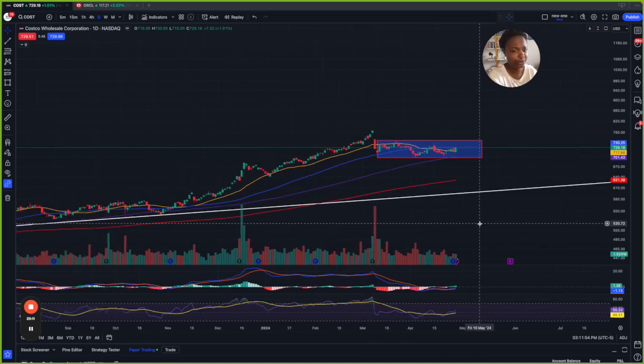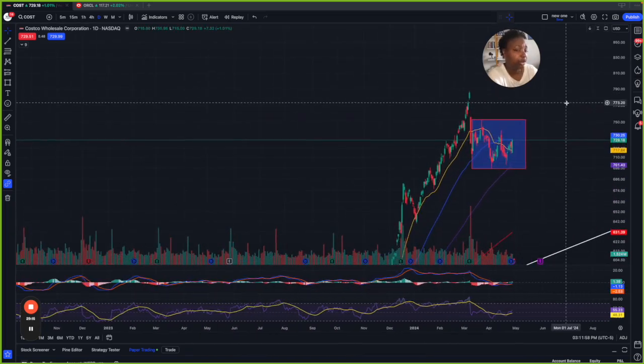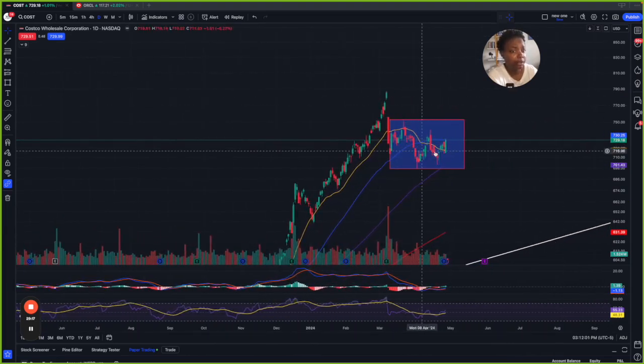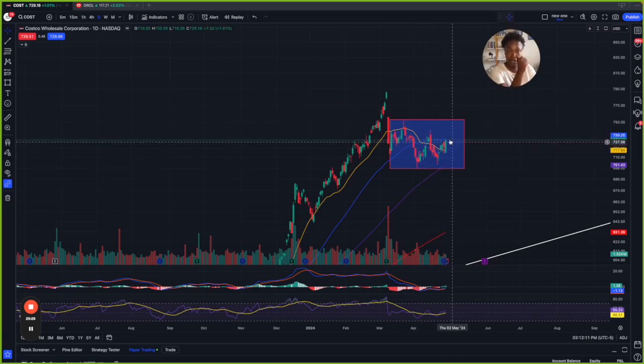If we come down to the daily, we do see what could maybe be a double bottom, subjectively, somewhat, right? However, we have a bearish crossover here with the 20 crossing down below the 50 and it's rejecting the 20, right? But look how price is landing and staying in between the 20 and 50 MA.